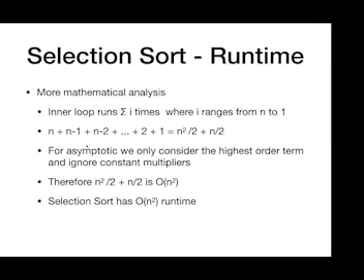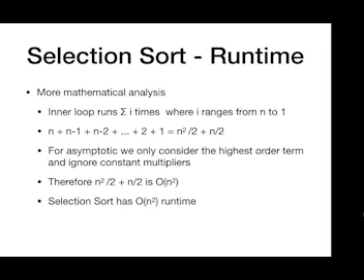We actually have n for the first index, n minus 1 for the second one, and this summation all the way down to 1, that last index. We just had to do actually no checks, but that second to last one we had to do 1 check and maybe a swap. But this summation is going to give us n squared over 2 plus n over 2.